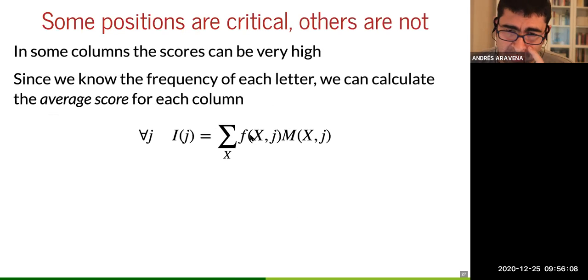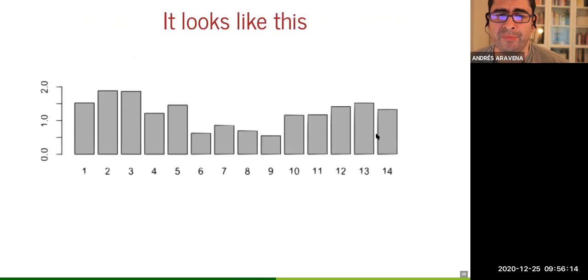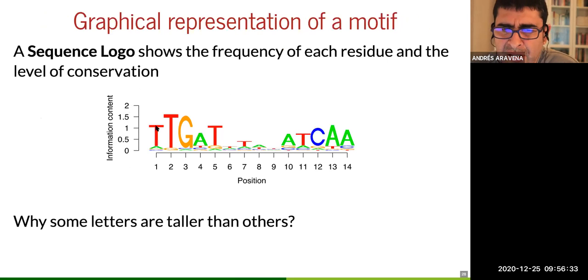You expect a little from the first, a little from the second, and at the end you will get that the columns that give you more on average are the first and the last, and in the middle they don't give you very much. And that is also reflected in this. There are tools, and if you Google sequence logo, you will find them. This I did in R, by the way. There is a tool in R to do this.